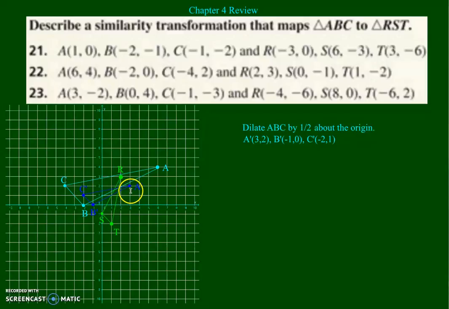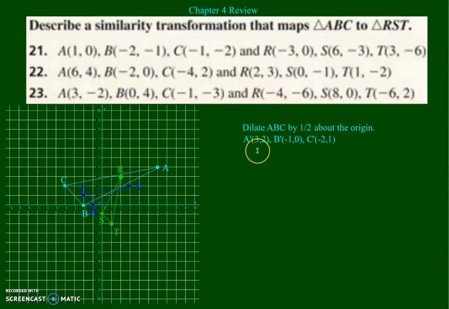And then I noticed that 3, 2 is related to R because R is at 2, 3. We just swapped the two numbers. So you can see 3, 2 and 2, 3. What swaps the X and Y?